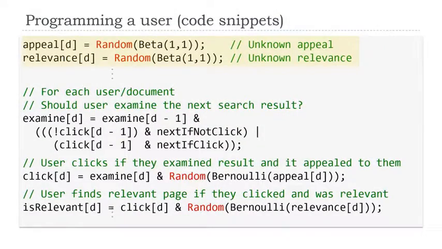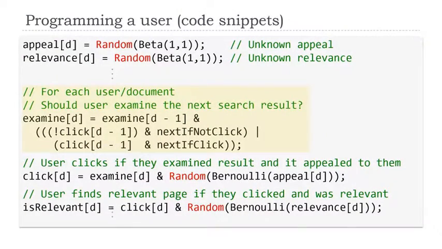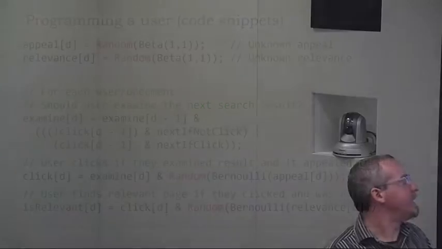So here we have our unknown appeal and relevance for each document. And a beta distribution is a sensible distribution to use because it gives a number between 0 and 1. And then this code below, for each user and document, just says if I looked at the previous document, then I have a chance of looking at this one, only if I didn't click on the previous one, and this variable, which is true if I'll go on if I didn't click, and if I did click, another variable: will I go on if I did click?